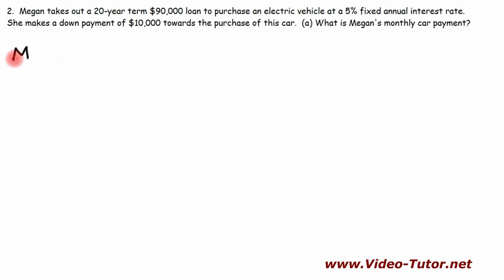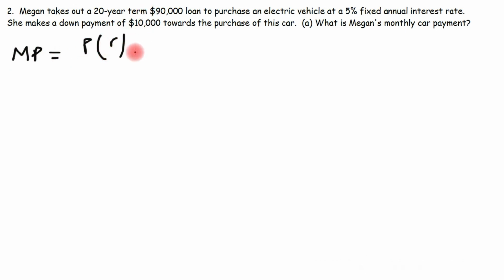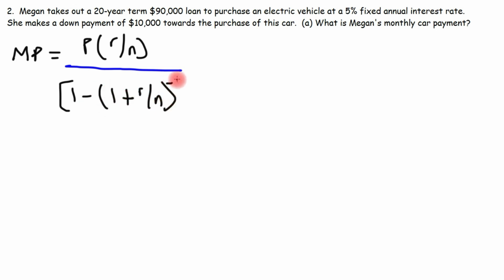So let's begin by writing the formula. The monthly payment is going to be the principal, or the balance of the loan, times the annual interest rate divided by N. This is all going to be divided by 1 minus 1 plus R over N raised to the negative NT.